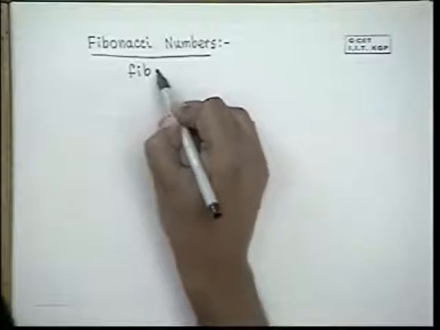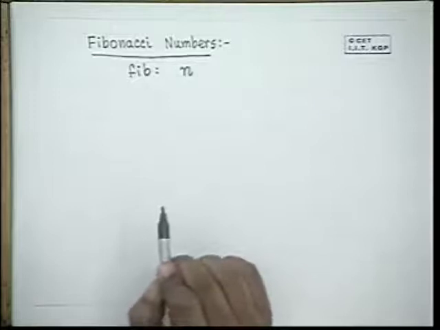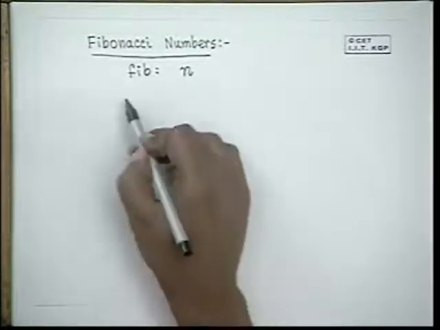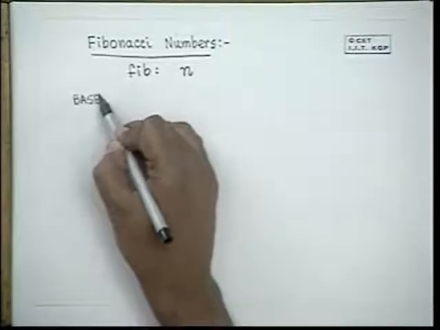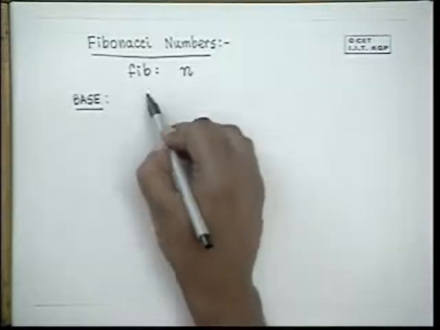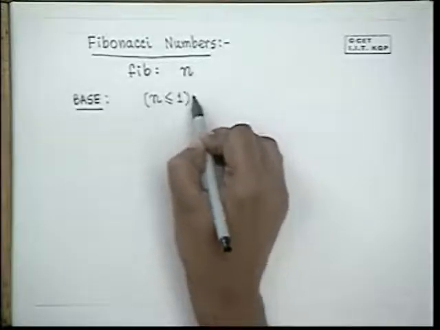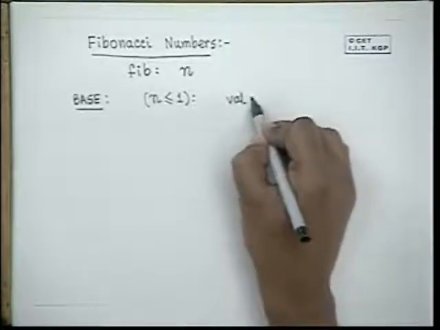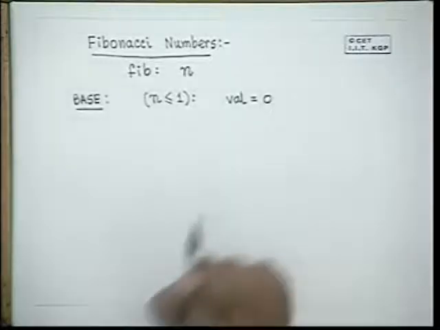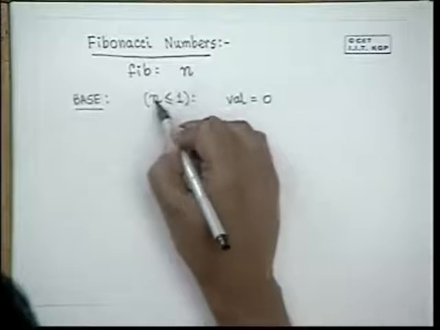We know that fib takes an argument n, and we have got a base condition as n is less than or equal to 1, and we say val equal to 0. Let us say this is our condition. Sorry, val equal to 0 if n is equal to 0.